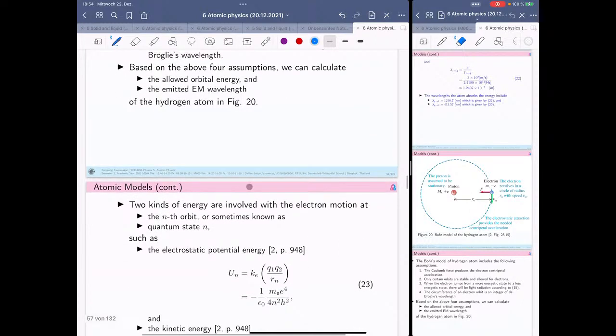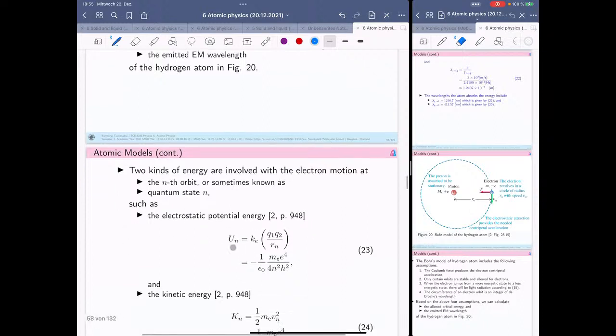Two kinds of energies are involved with the electron motion at the n-th orbit, sometimes known as the quantum state n. The electrostatic potential energy, denoted by U_n, is equal to K_e. Here K is a constant.